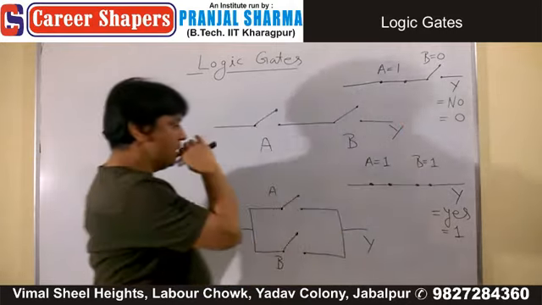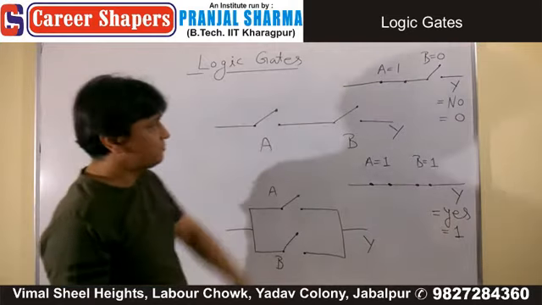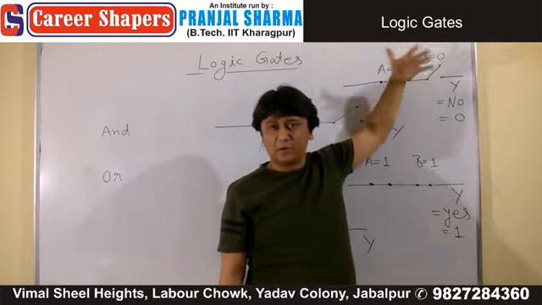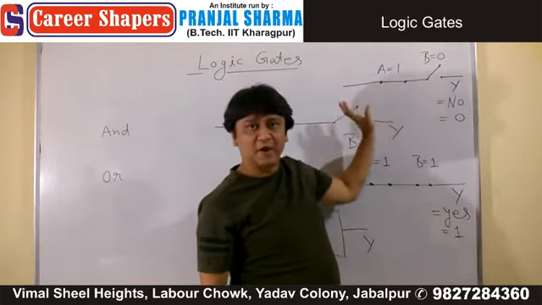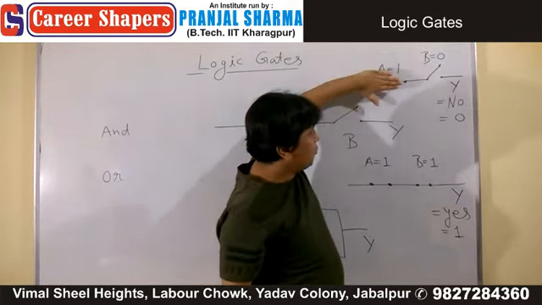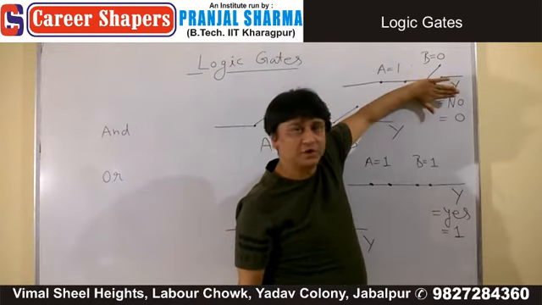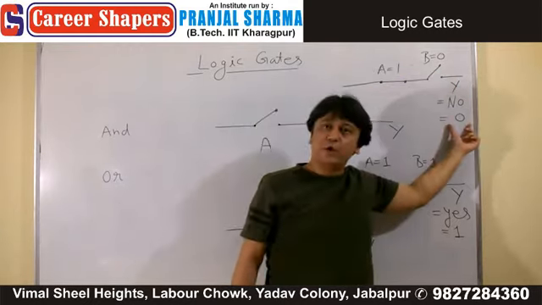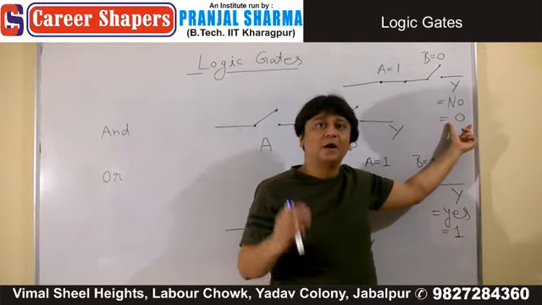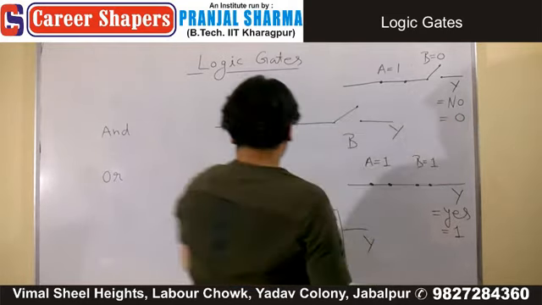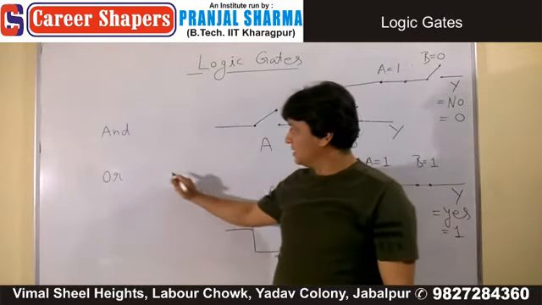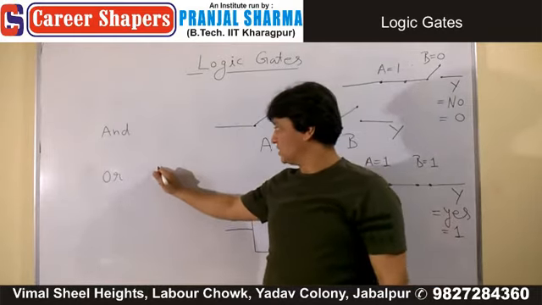Now again, I hope you can understand that by simply interchanging 0 and 1, that will be the easy case. Let's not waste time in that. If you open this, but you close it, will you expect any current over here? Answer is no.